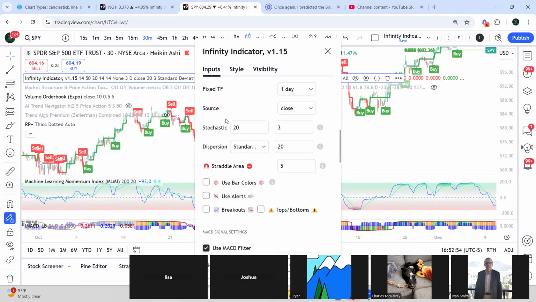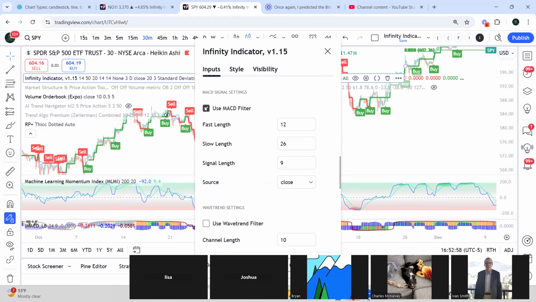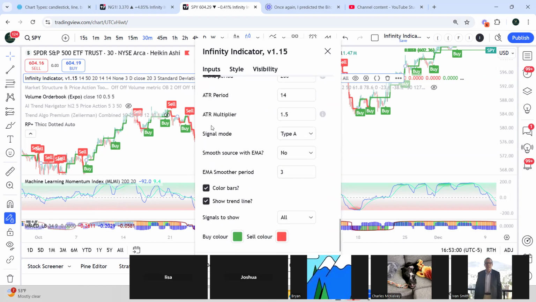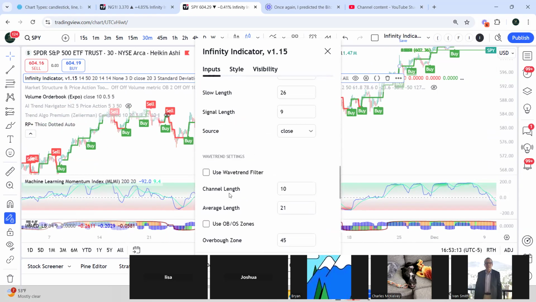Other than that, turn everything else off except use MACD filter. You can turn these off too. It's up to you. For me, they're a good support and resistance area, so I keep them on, but that's up to you.